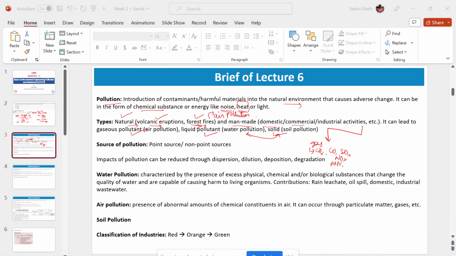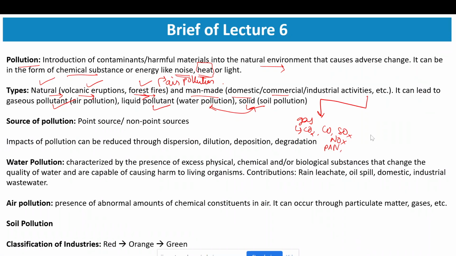It is a refrigerant, and it is emitted into the atmosphere, and it is also a pollutant. We will further see why it is a pollutant, because it reacts with the ozone layer found naturally, and it depletes that. So these are some of the examples of gaseous pollutants.